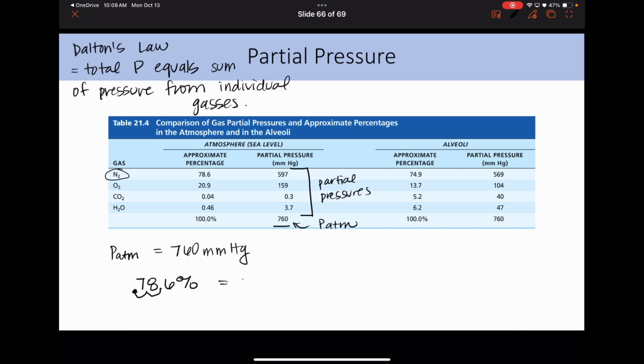We multiply that by our total, which is 760 millimeters of mercury. And if you multiply those two together, you should get 597 or something very close to it. 0.786 times 760 is 597.36, which we can round down to 597.